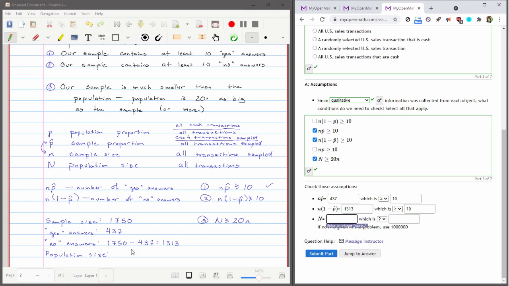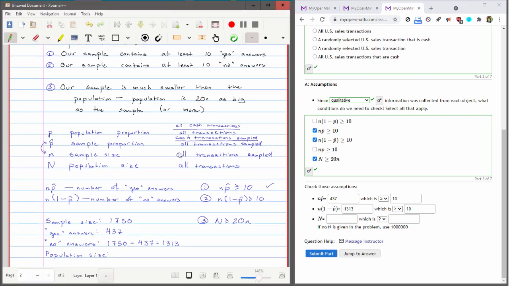And now we need the population size. We need to know something about how many sales transactions altogether there were in the US, I don't know, last year or something. The problem doesn't tell us that. And that seems like it would probably be hard information to get.